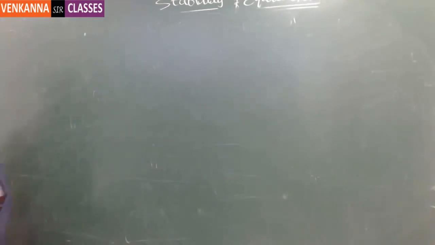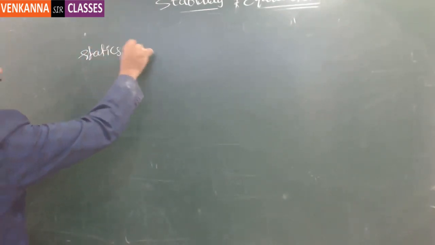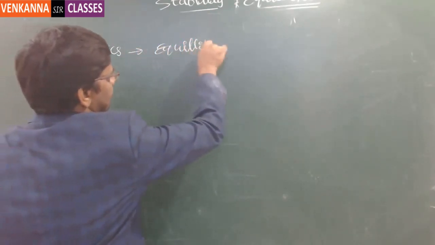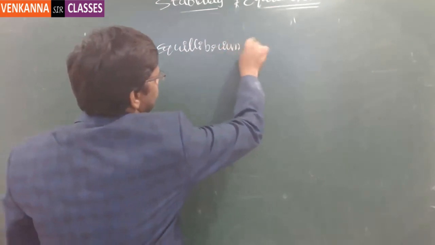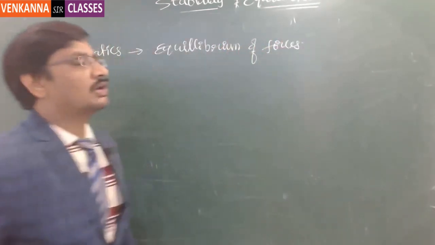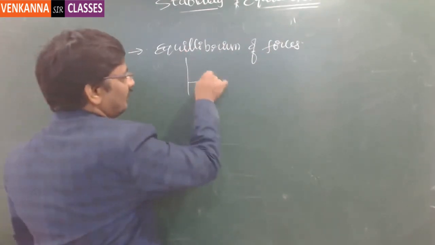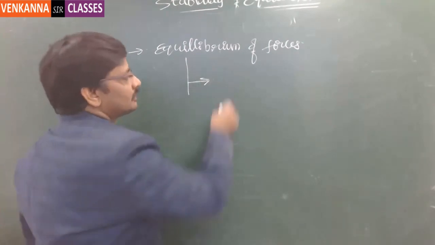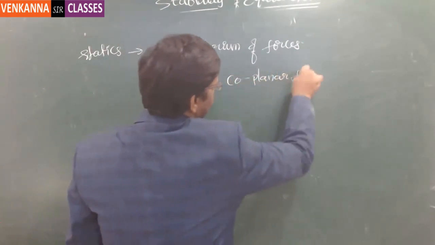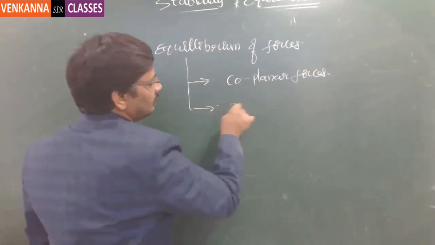Right, so in the entire statics we are dealing with only one aspect, that is the equilibrium of forces. So rather than calling this statics, you can call this equilibrium of forces. But we have divided this into equilibrium of forces for coplanar forces, and the next one we dealt with 3D forces.